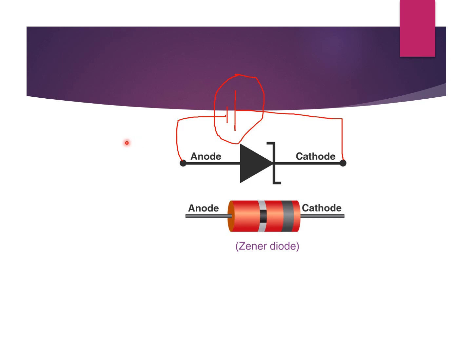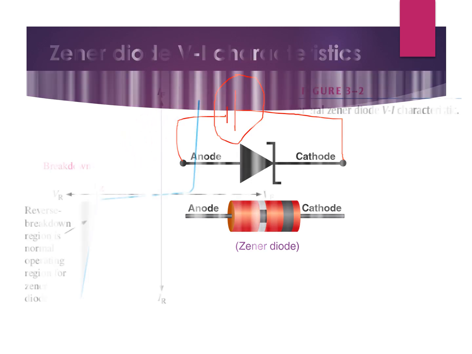These mobile electron hole pairs collide with other covalent bonds, and again electron hole pairs are generated. So your Zener current starts to flow. This is how Zener breakdown happens under reverse bias condition.